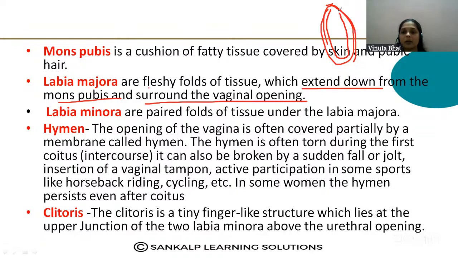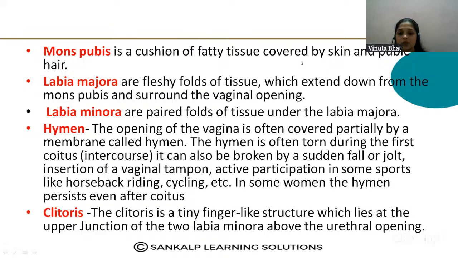What is below the labia majora, what is inside, that is the labia minora. Okay, and that is present under the labia majora. I hope it is understood. And the hymen is an opening of the vagina that is partially covered by a membrane-like structure. So the vaginal opening is present here.